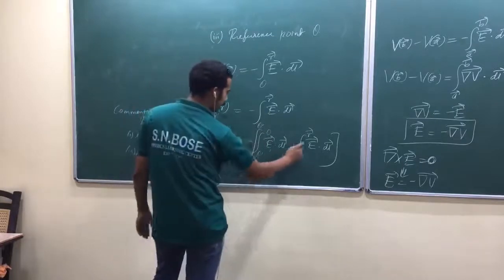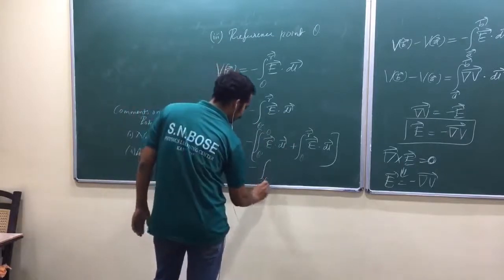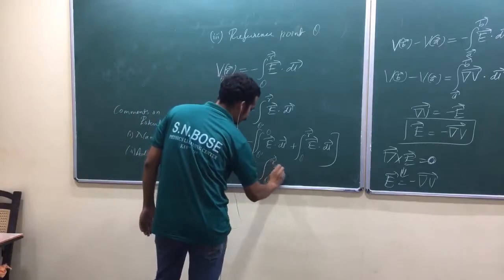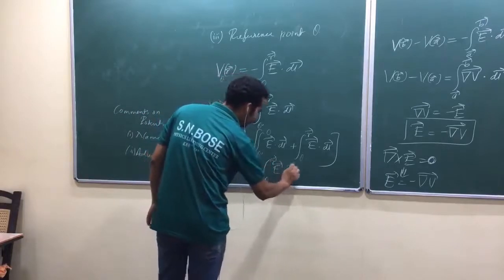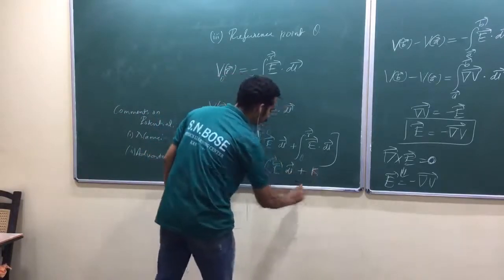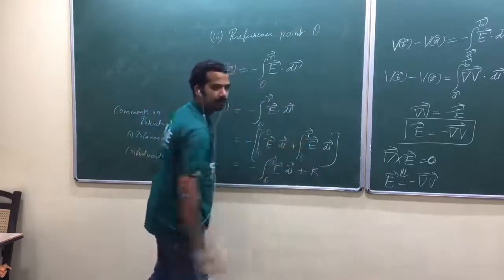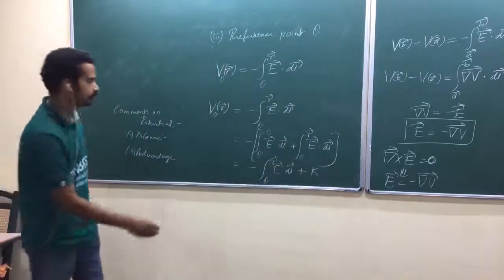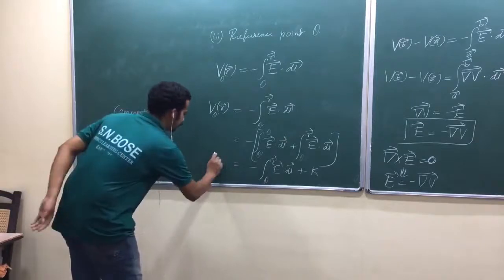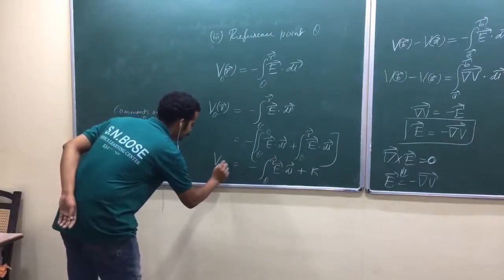So I can write this as minus the integral from O to R of E bar dot dl bar, plus some constant. Minus the whole thing, I'm going to put as a constant.